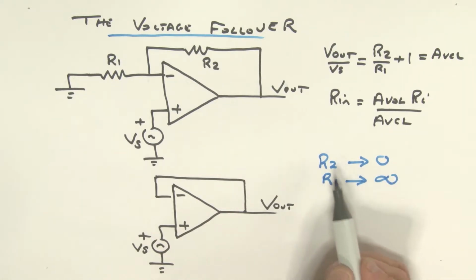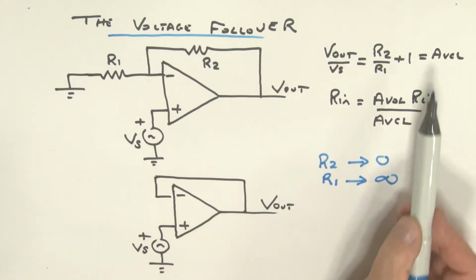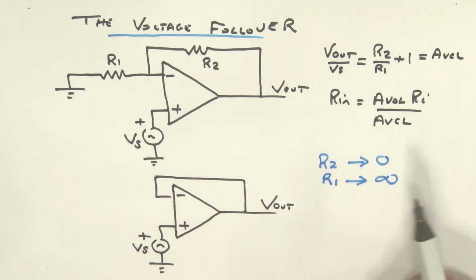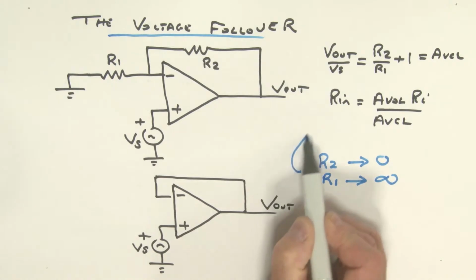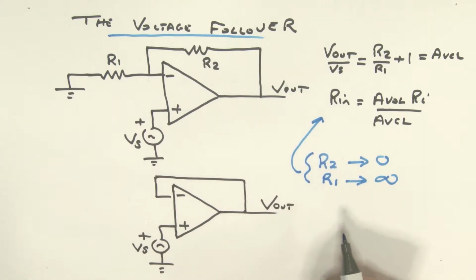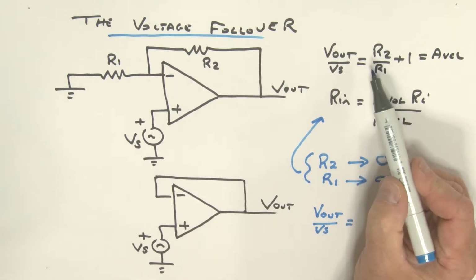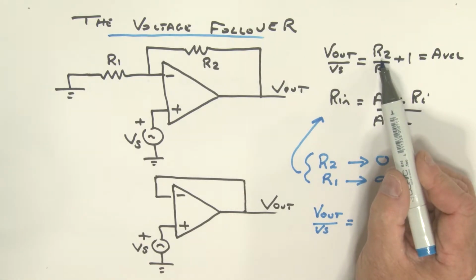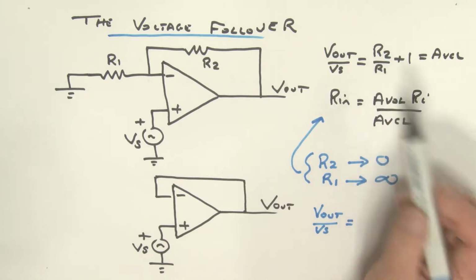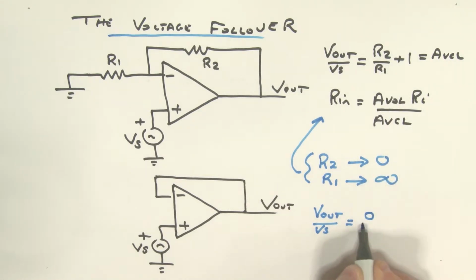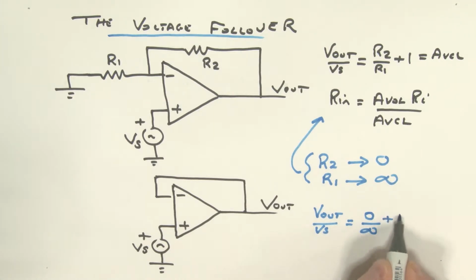Now, how does this relate to the closed loop gain and the input resistance? Let's put this information into those two equations and see what we actually get. Vout over Vs would be equal to, well, the R2 has become 0, so that's 0 divided by infinity, which is R1, plus 1.